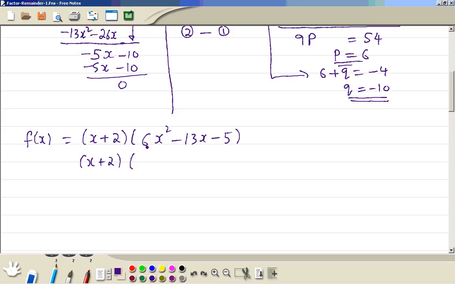So the factors of 6x squared are going to be 3x and 2x. Factors of minus 5. So if you put minus 5 there, that will give you minus 15x. And put plus 1 there, plus 2x gives you minus 13x. So therefore, we've done the complete factorization.